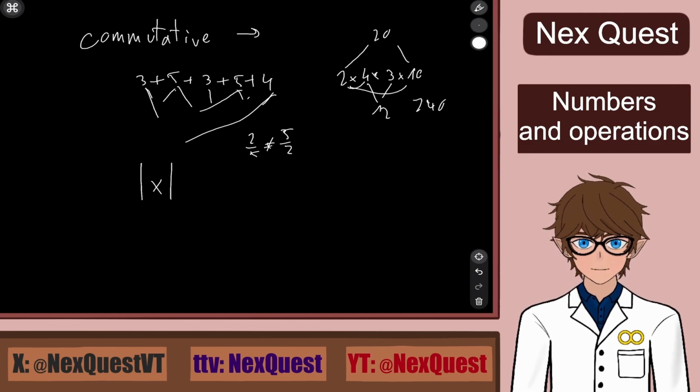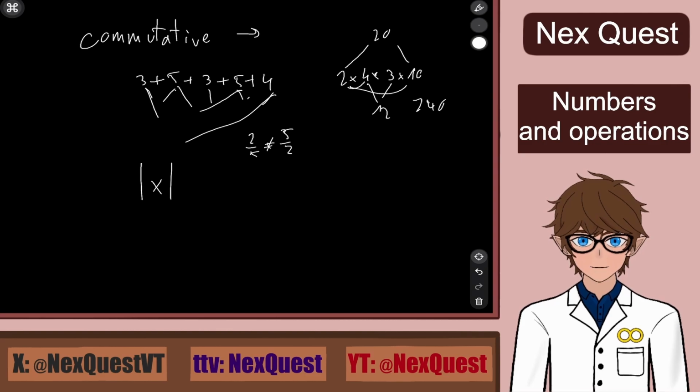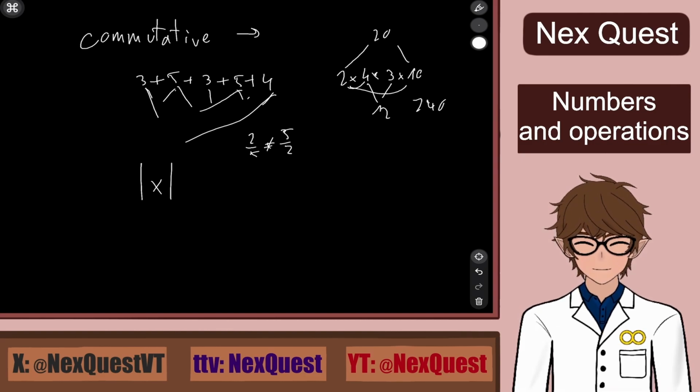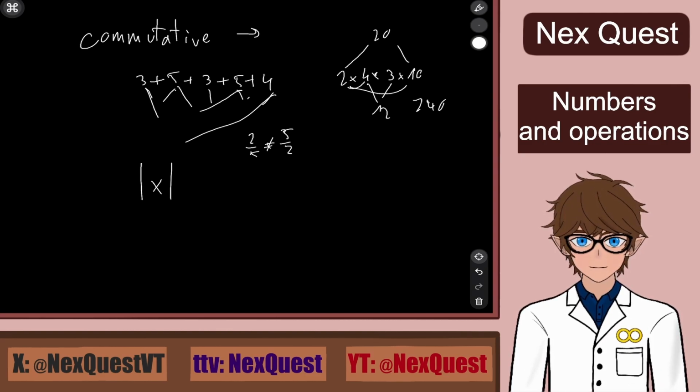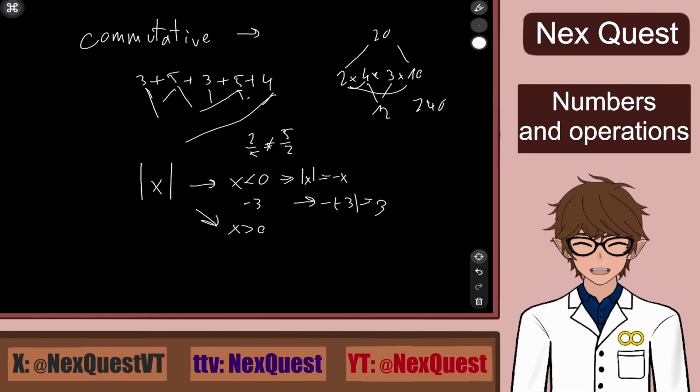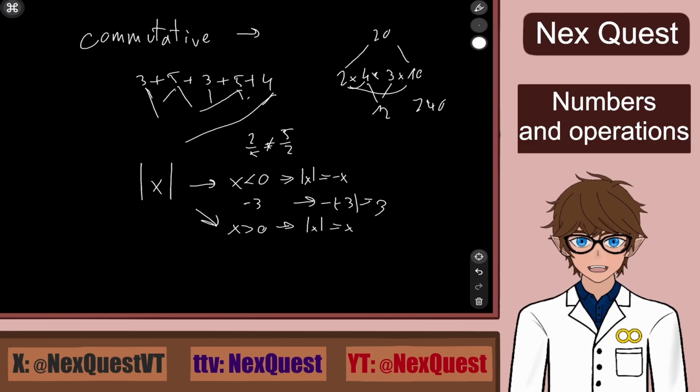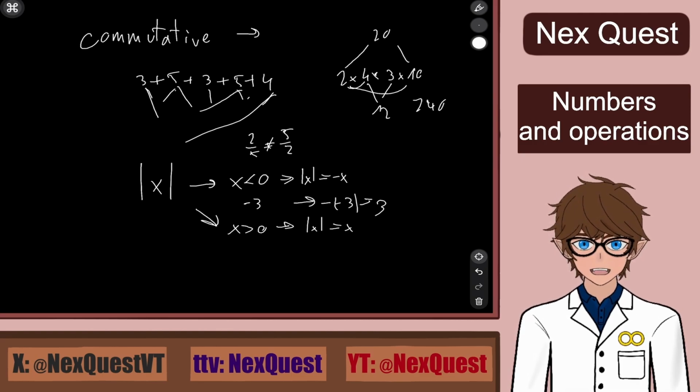You put the number or an expression in it, and the output is always positive, meaning that if x is less than 0, the result of this bracket would be negative x, because that would put the overall value as a positive. So if it's minus 3, it would become minus minus 3, which is 3. But if x is greater than 0, well, the brackets don't do anything. They just keep the value as it is, uninterrupted.